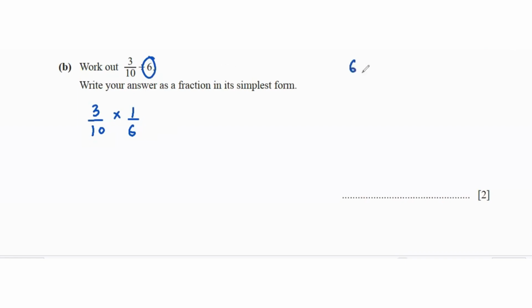And since every whole number has a denominator of 1, 1 will become the numerator. So the reciprocal of 6 is 1 over 6. And when we take the reciprocal, division also changes to multiplication. So now we have 3 over 10 times 1 over 6. We know 3 ones are 3 and 3 twos are 6. So it's going to be 1 over 20.